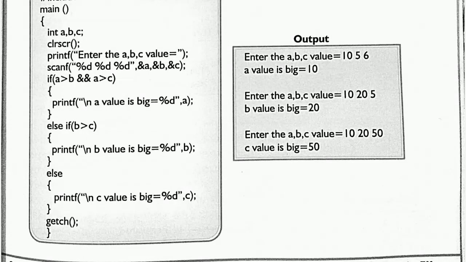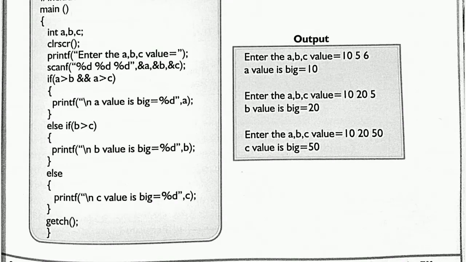Now the program is to calculate the biggest number of the given three variables. First of all, it checks whether a is greater than b and a is greater than c. If both conditions are true, a is bigger. Now the next thing: it is checking whether b is greater than c.